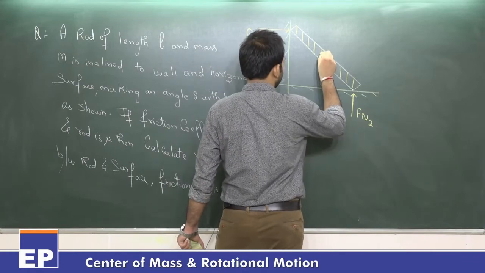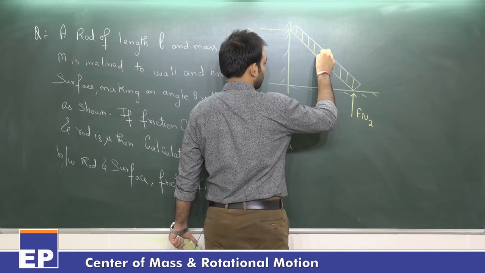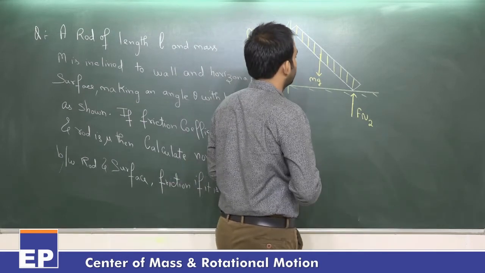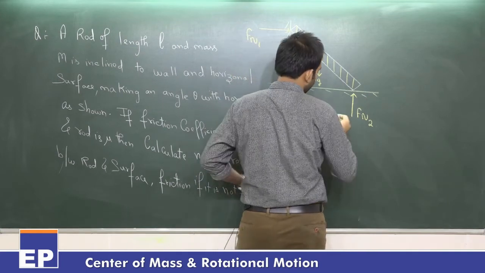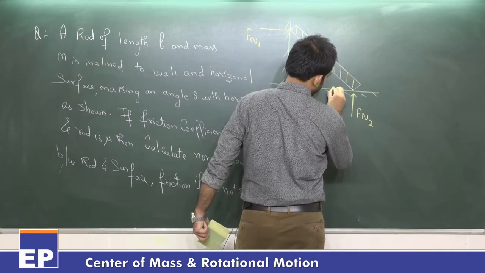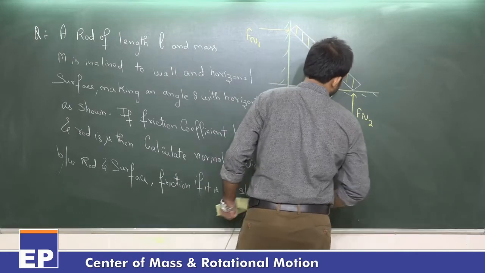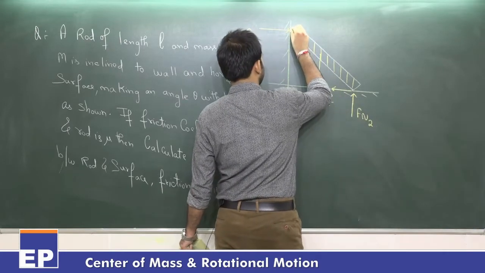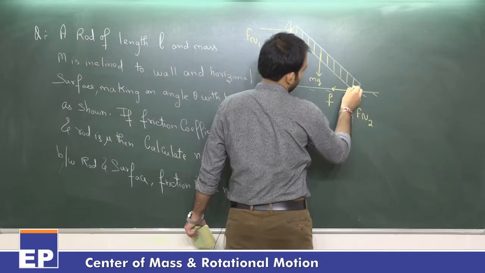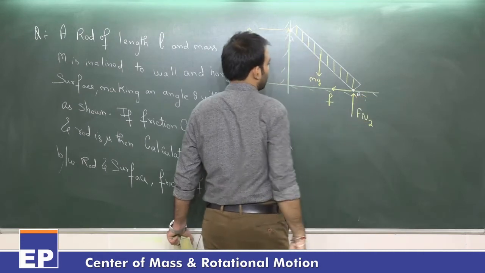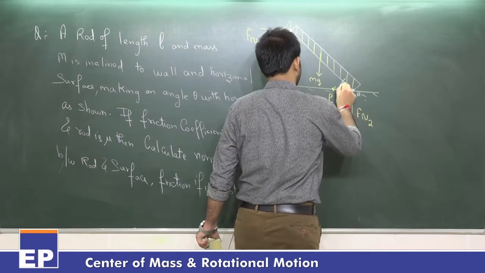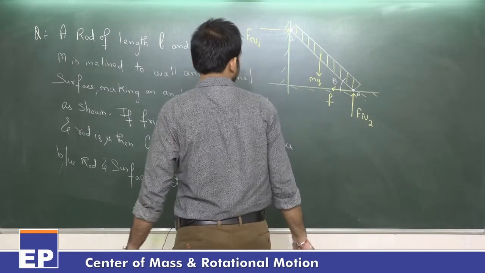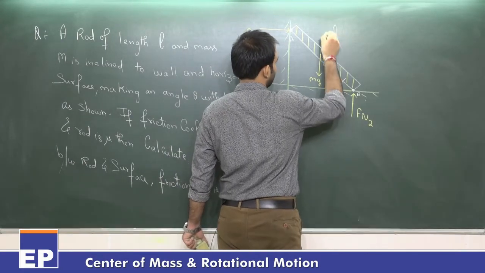And Mg is acting in downward direction. And if it has the tendency to slip in this direction, the friction will act in this direction. Static friction. You can consider this is the point A. This is the point B. And this angle is theta. It is given. And the length of the rod is L.